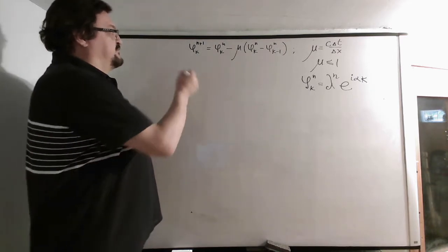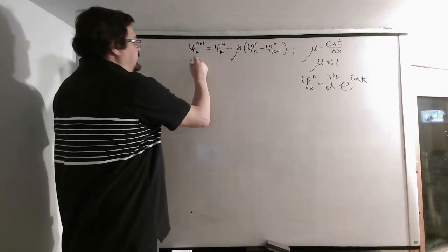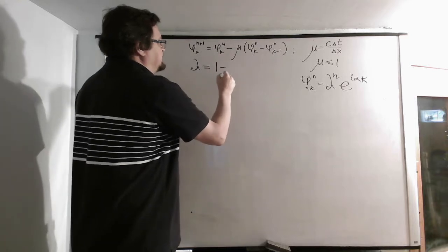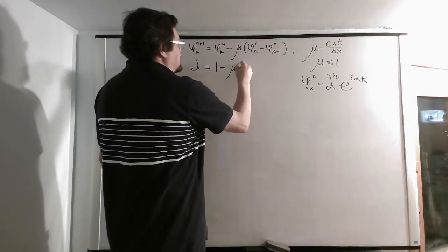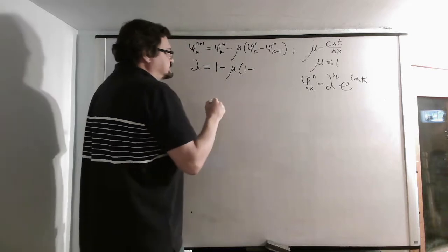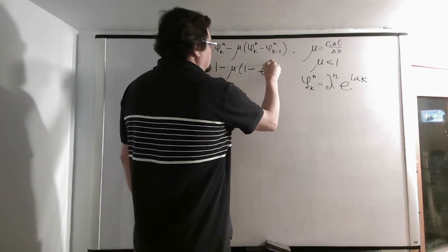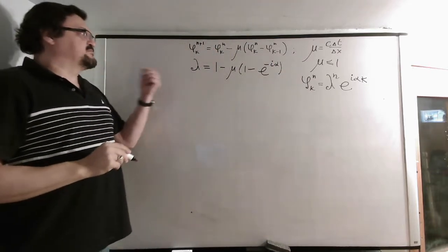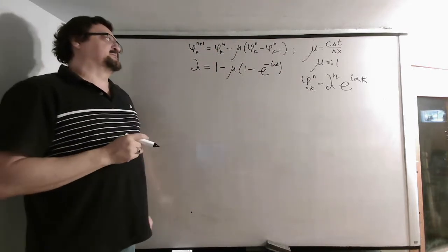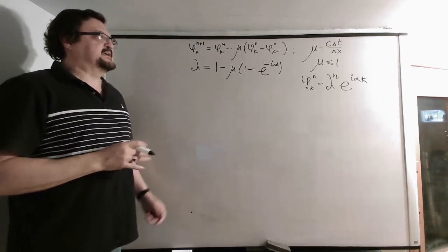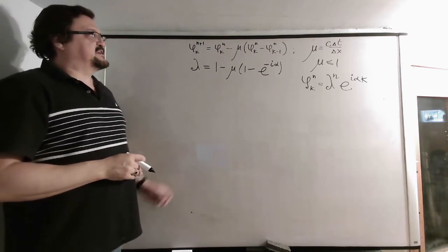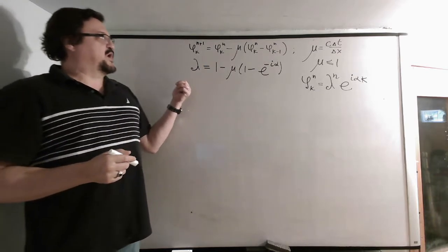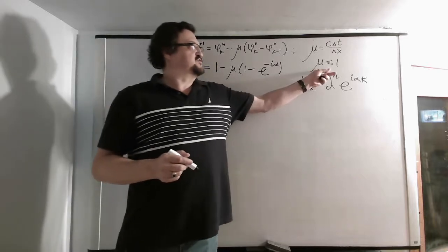So for this equation for upstream bias, our expression looked like the following: lambda was equal to 1 minus mu times 1 minus e to the power of i alpha. And then from that, remember we used this complex plane to graphically show that for the absolute value of lambda to be smaller than 1, you need this condition to be true.